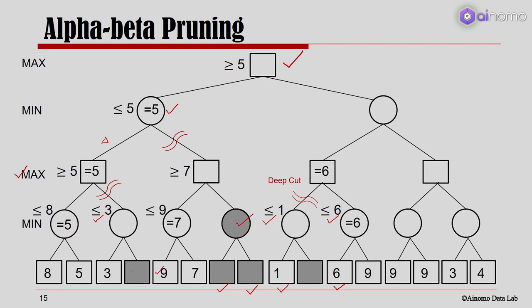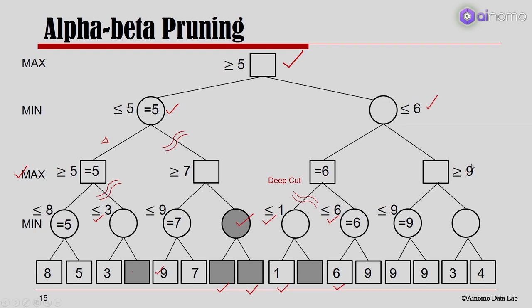And now focusing attention on the min node, the min will guarantee less than or equal to 6 at this node. I have 9 there, so at this min node, it is less than or equal to 9. So I have a 9 marked here, and then this backs up to the max node, which is saying that it should be greater than or equal to 9.